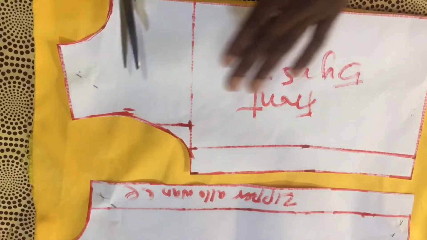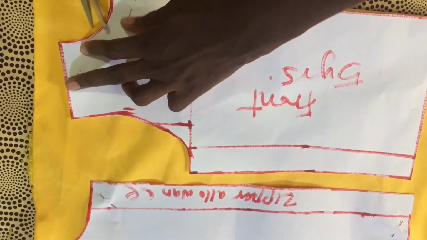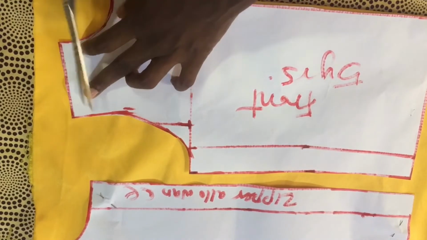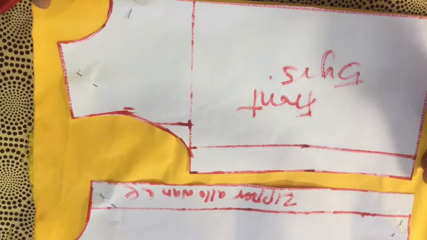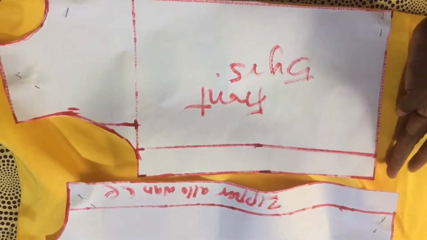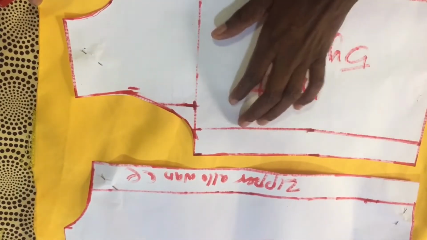Then I will also need to add sewing seam allowance on the neckline, the shoulder, the armhole, and also at the base of the top. But for the waist, for the side seam, I already added 1 inch, so there is no need adding any other excess seam allowance on it. So I'll just go ahead and cut.